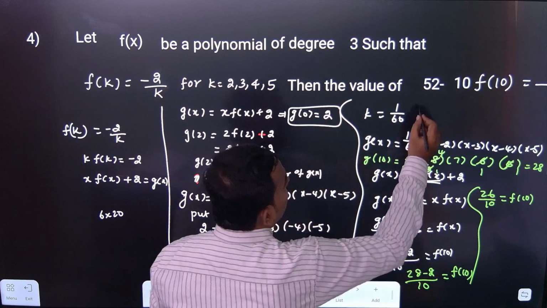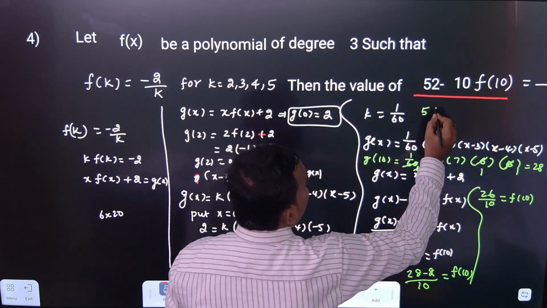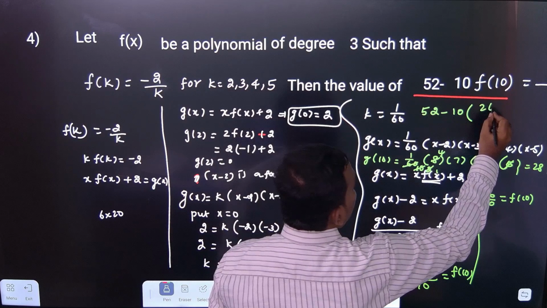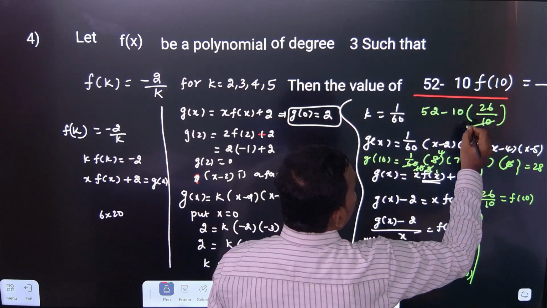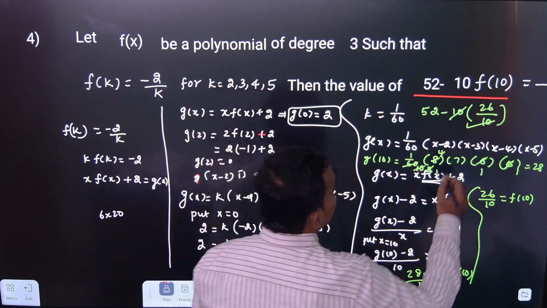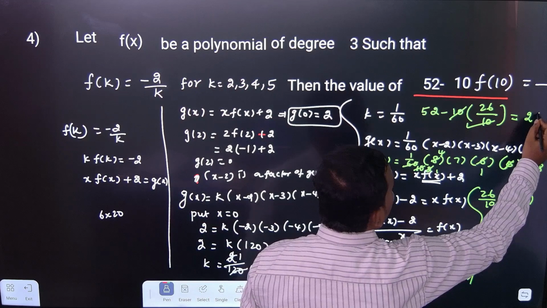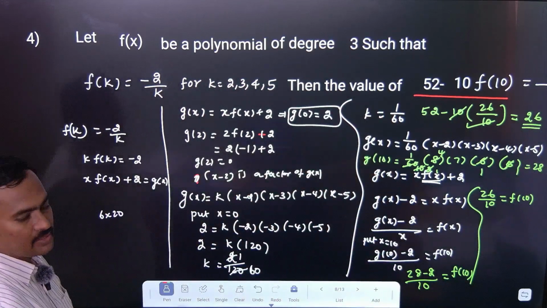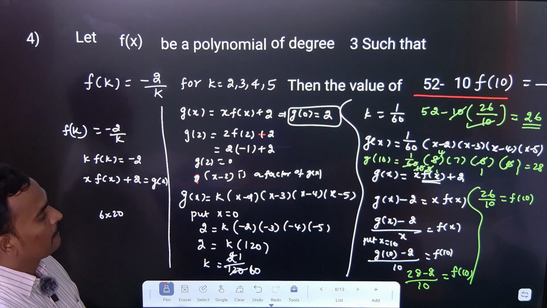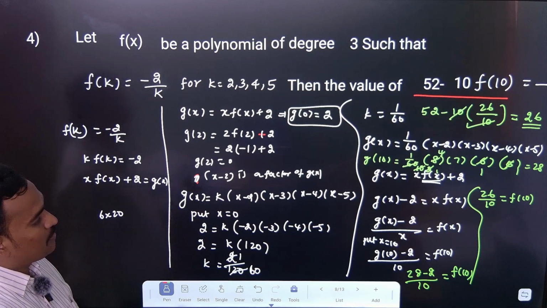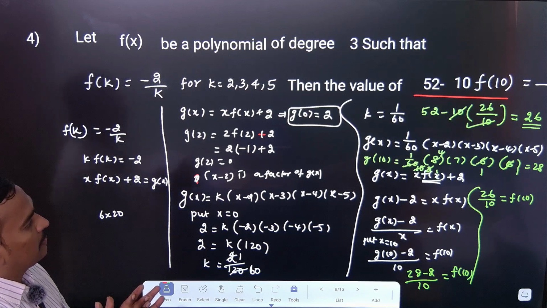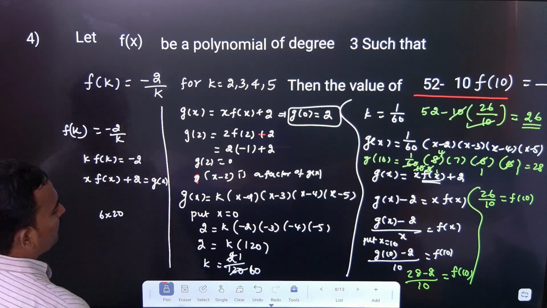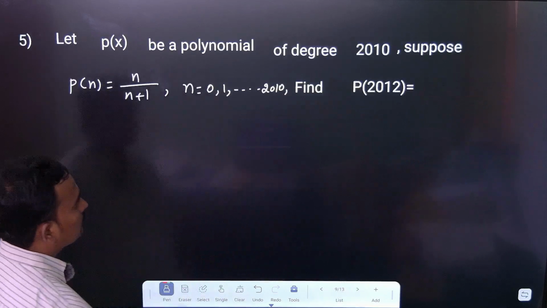What are they actually asking? 52 minus 10 into f of 10. 26 by 10 times 10, the 10 cancels. 52 minus 26 is again 26. Right? 52 minus 26 is what? 26. 26 plus 26 is 52. Yes, correct. 26 is your answer. I hope everyone understands, right? Okay. We'll go for the next question.